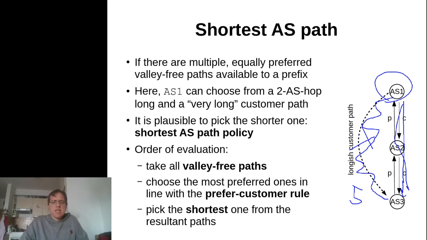And the rest of the lecture will be about how to actually encode valley-free routing, preferred customer, and shortest AS path into actual BGP routers, because we want to stress again and again that this model, valley-free, preferred customer, and shortest AS path, is on the one hand just a mental model for us to understand what's going on out there in the internet, but the internet uses different mechanisms to decide on the paths.